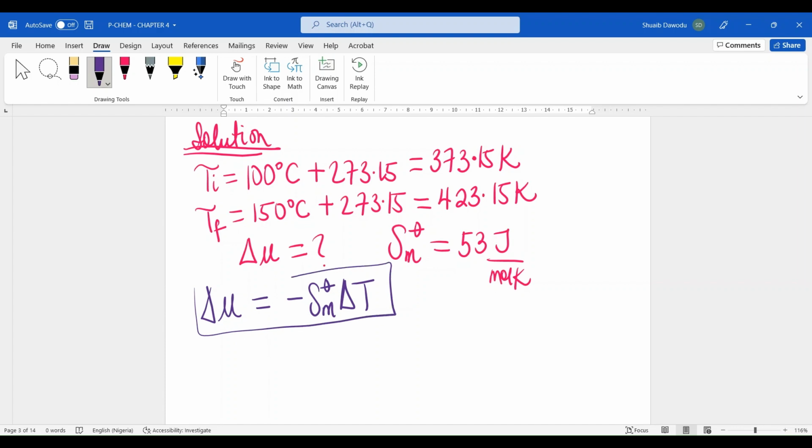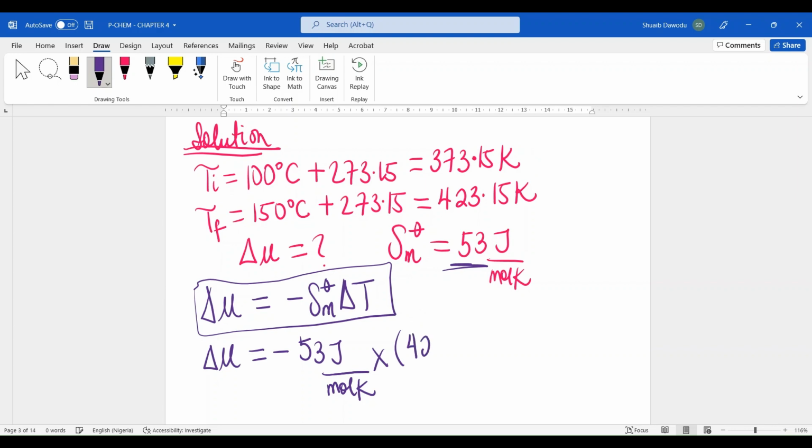This is the formula to solve questions like this, where you're finding the change in chemical potential at constant pressure when there is a change in temperature.